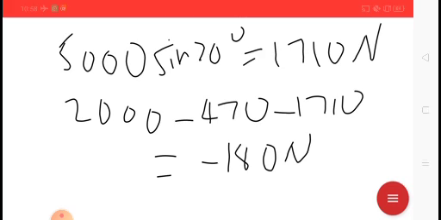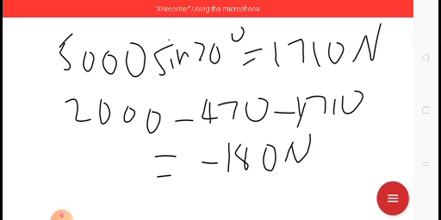Right, so what happened here? You have a negative Newton. This means the acceleration is negative, so the item won't slide up. So on the other hand, what happened?